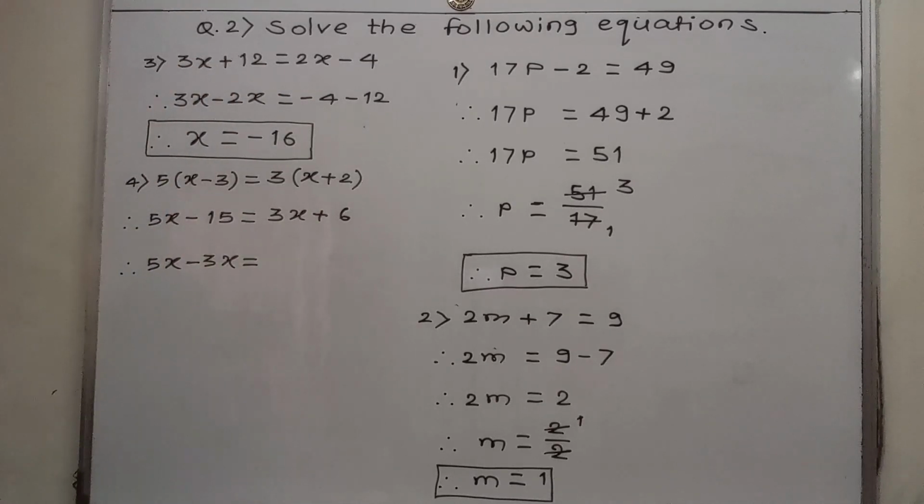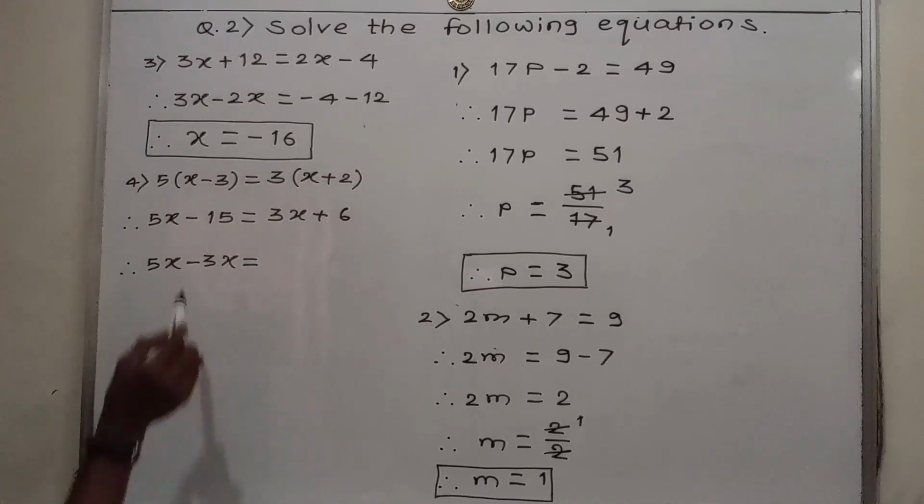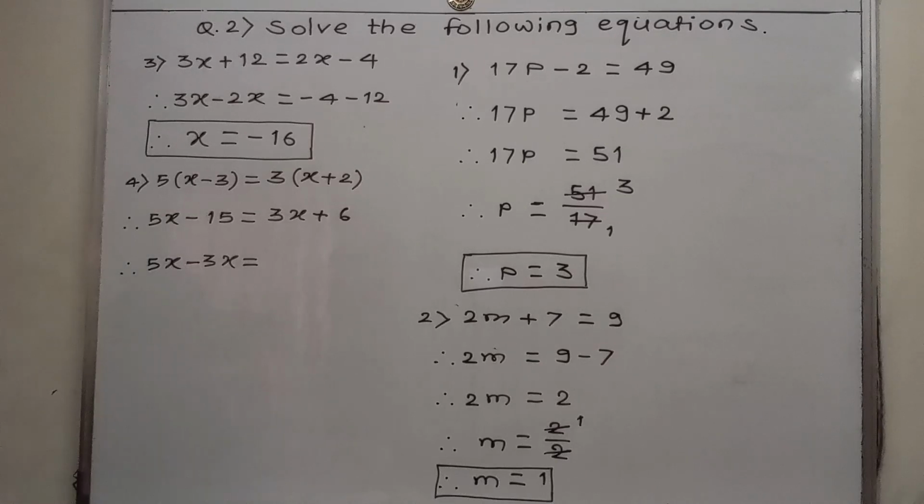First identify like terms and take them together. See this 3x, 2x like terms. Here also same, 5x, 3x like terms. Okay. Now what is next?